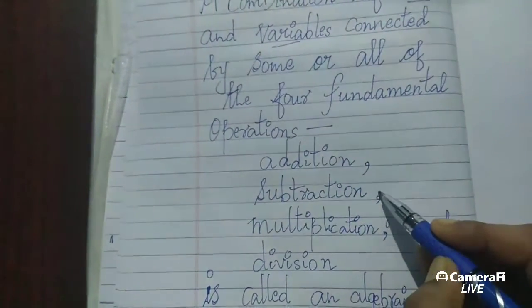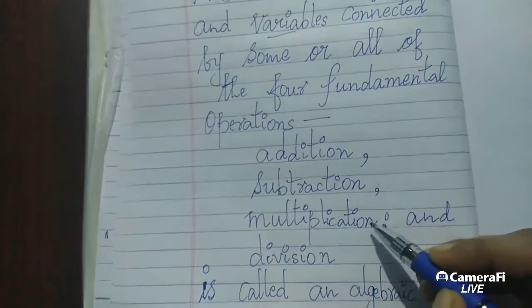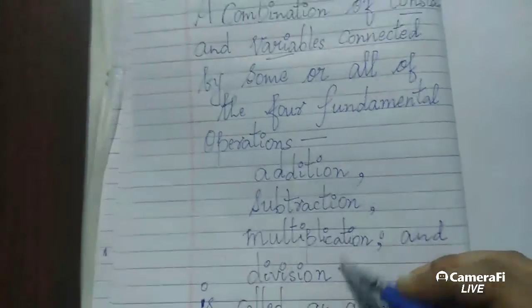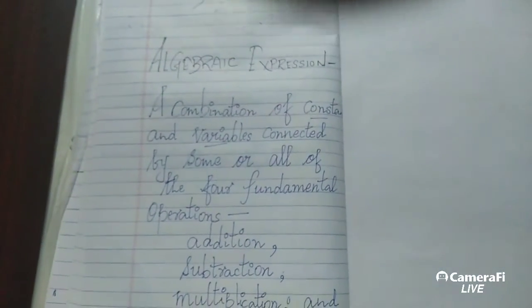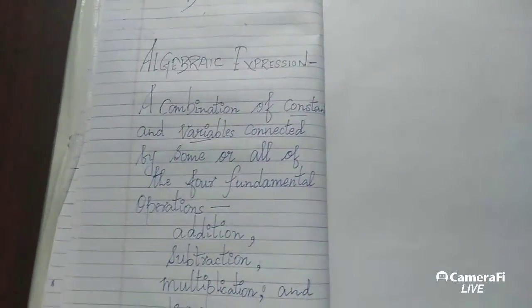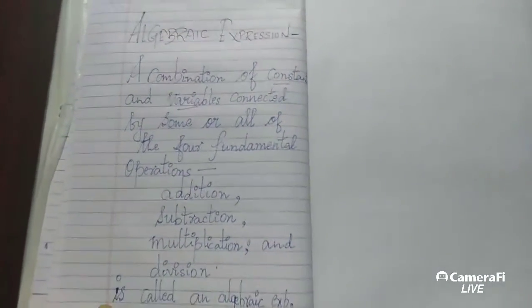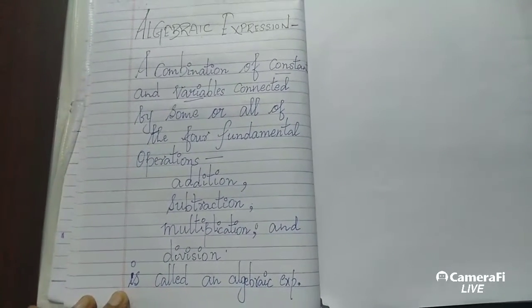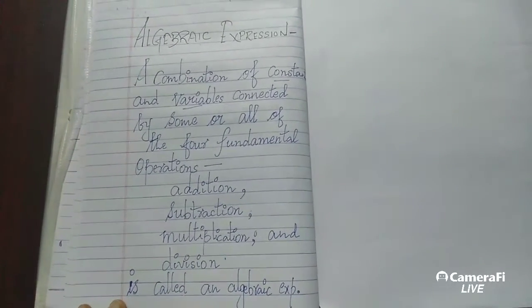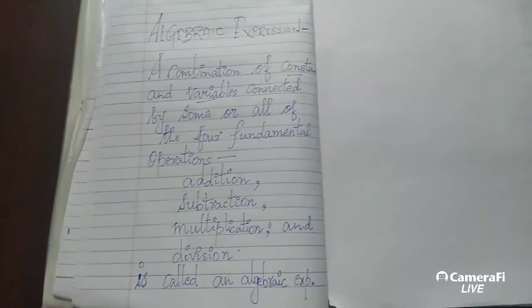Addition, subtraction, multiplication, and division. If you see constants and variables connected with the help of any of the four fundamental operations or all of the four fundamental operations, then it is known as an algebraic expression.